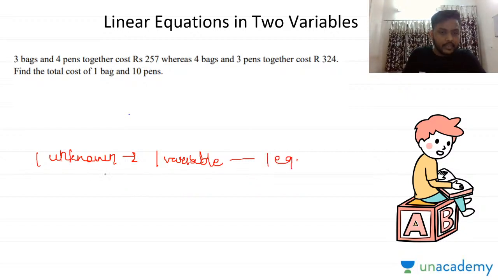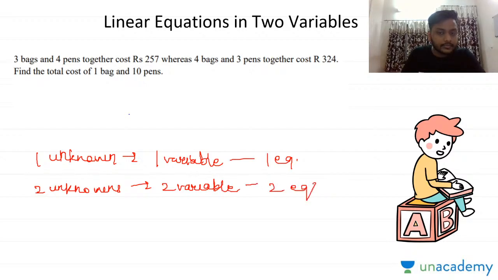Okay, when there will be two unknowns, I'm talking about two variables, that could be x and y. To find out your two variables, you will need how many equations? You will need two equations.